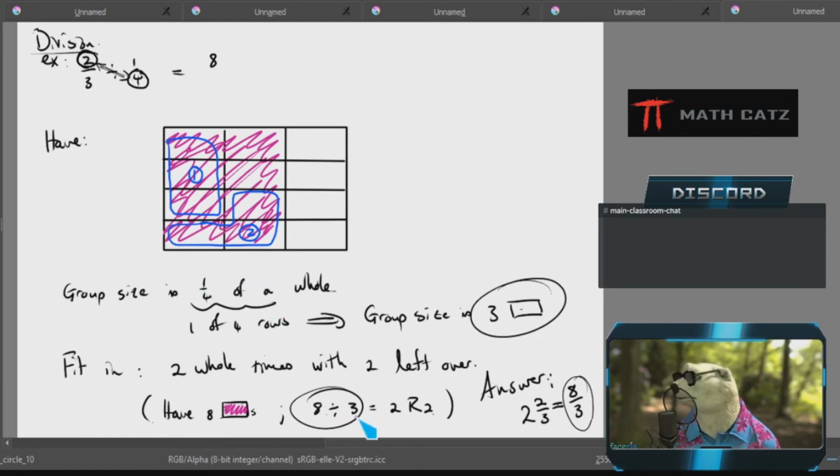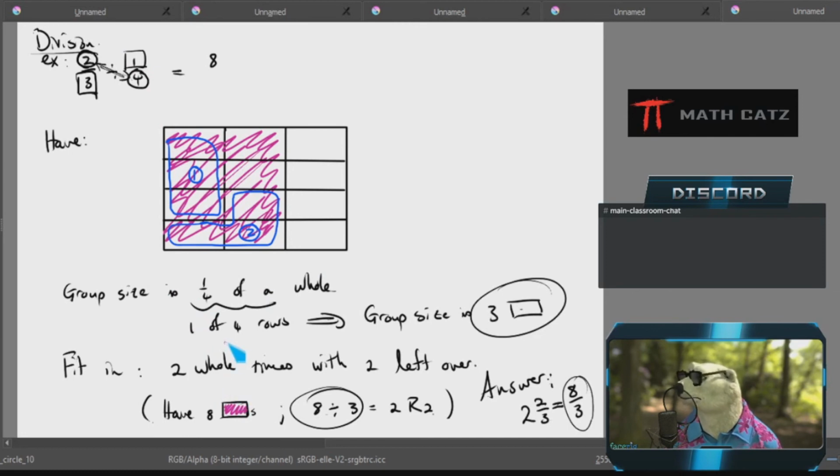Then, the group size. Well, I originally split it up in columns according to the first denominator. Regardless of what I have, it was 3 columns, my whole rectangle. Then I take a number of rows according to the numerator of the second fraction.